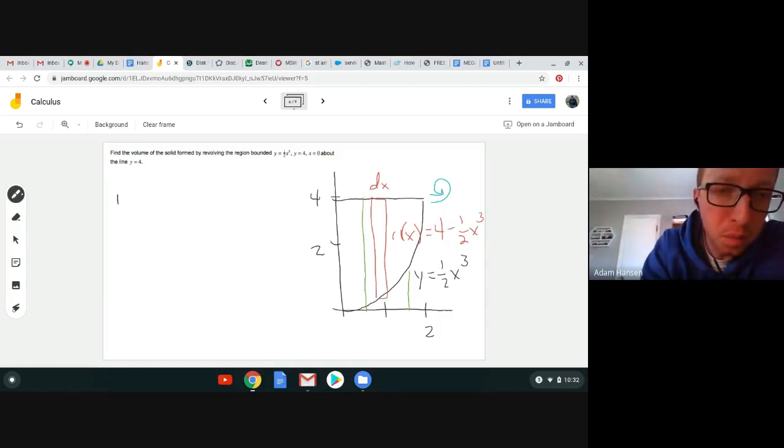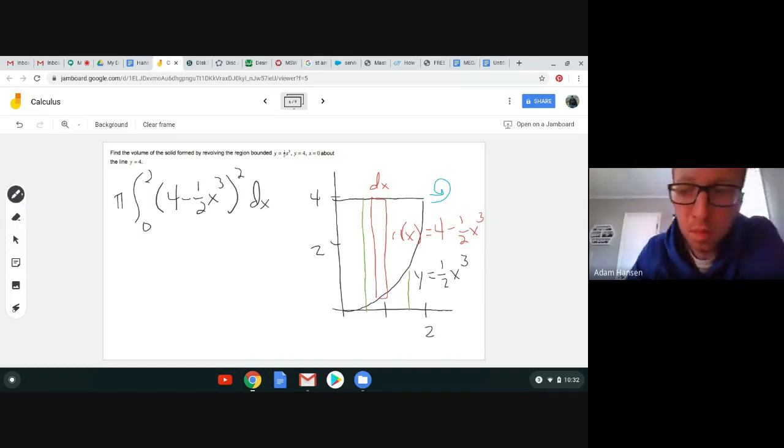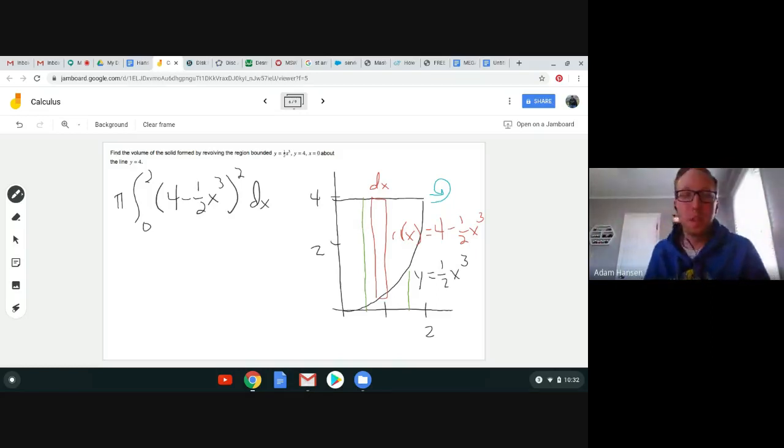So the volume would be pi times the definite integral from 0 to 2, quantity 4 minus 1/2 x cubed, quantity squared, dx. Let me pause here for a minute. Questions at all, please?